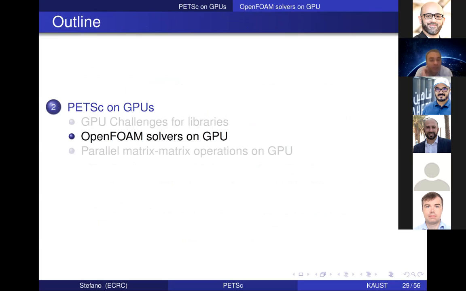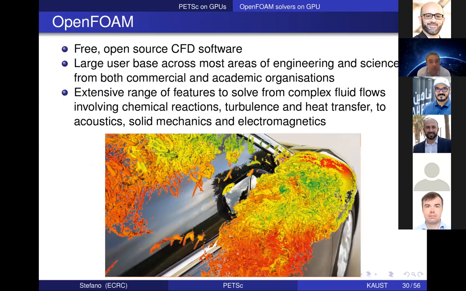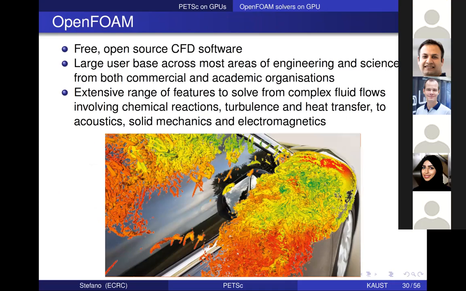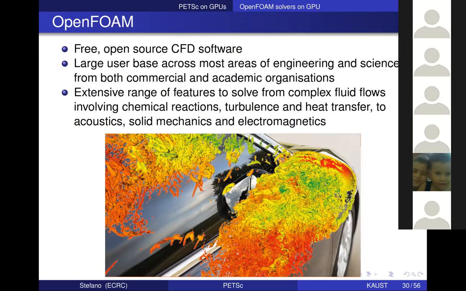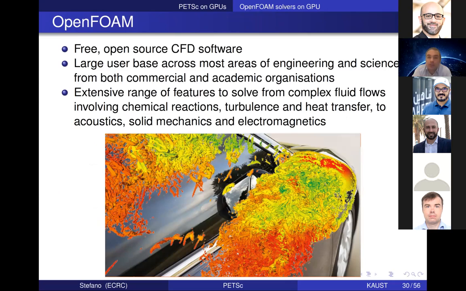Okay, now a couple of success stories. The first one that I want to discuss is OpenFOAM. OpenFOAM, for those of you that don't know what it is, is a free and open source CFD software that is largely used by academia and industry to do complex fluid flows, electromagnetics, solid mechanics, and many other industrial applications.